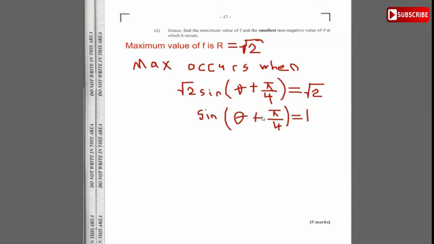And so now we take sine inverse. What you're going to get is theta plus pi by 4 is equal to sine inverse of 1.